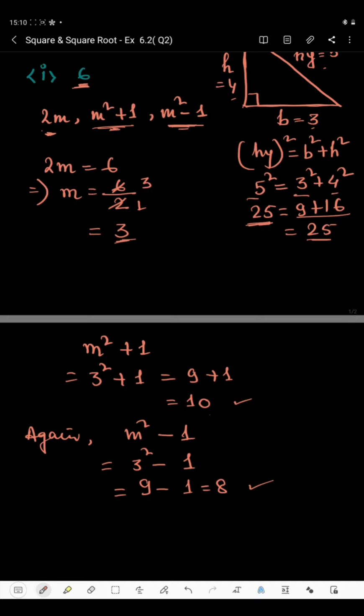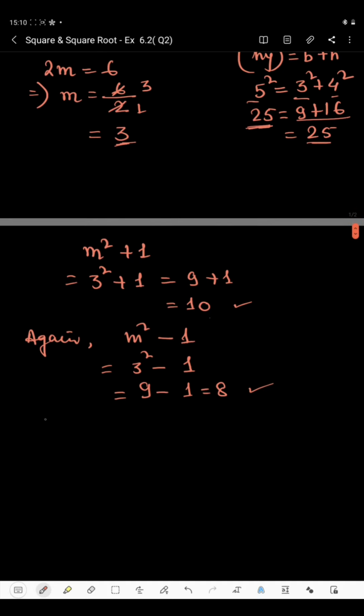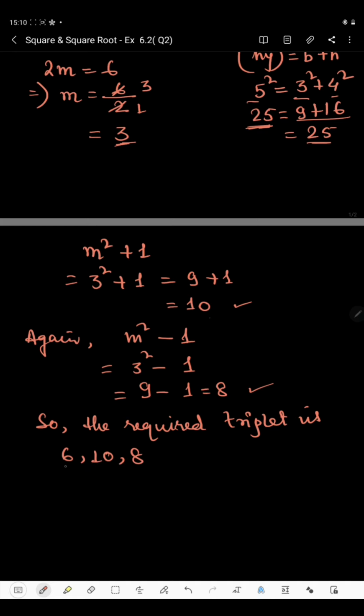So the required triplet is 6, which is given, then 10 and then 8. So these are the 3 members of Pythagorean triplet.